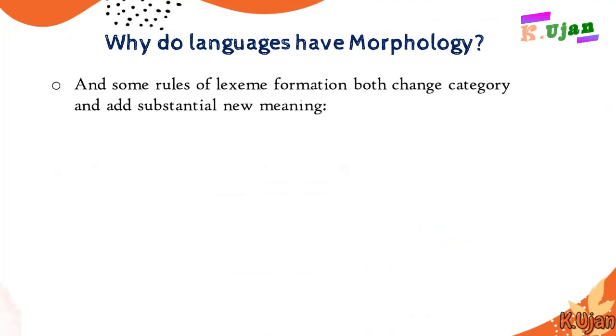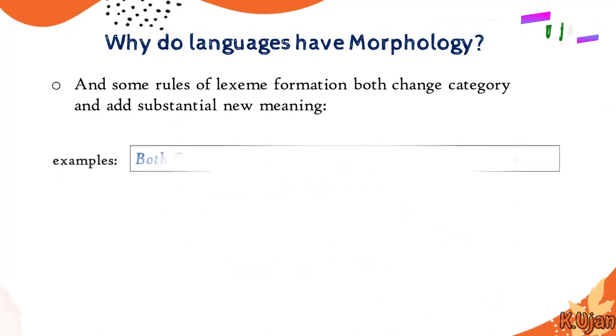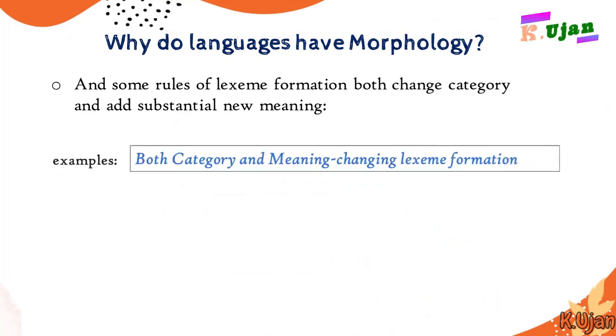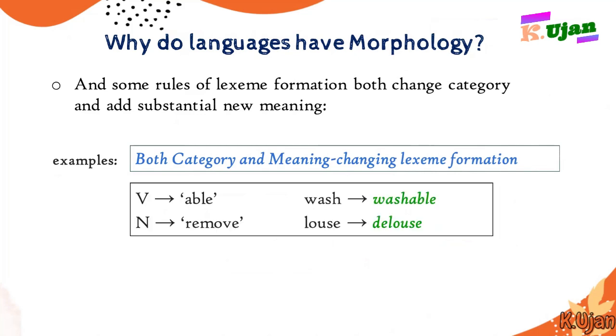This is why we study morphology. There is another possibility: some rules of lexeme formation both change category and add substantial new meaning. So there may be a change in its category, like parts of speech, and in its substantial meaning as well. For example, the word wash changes into washable, right?